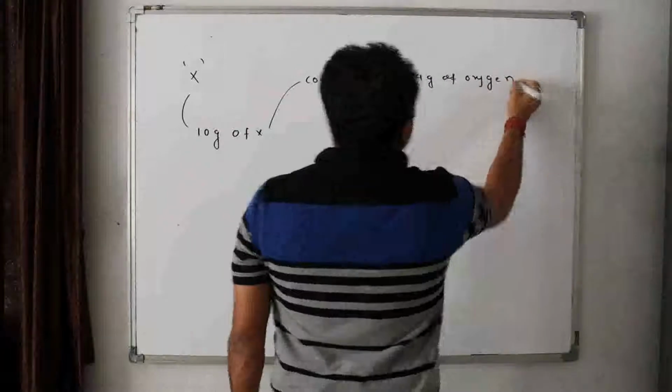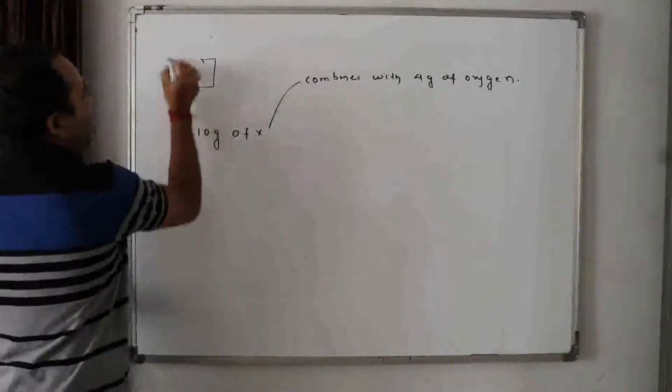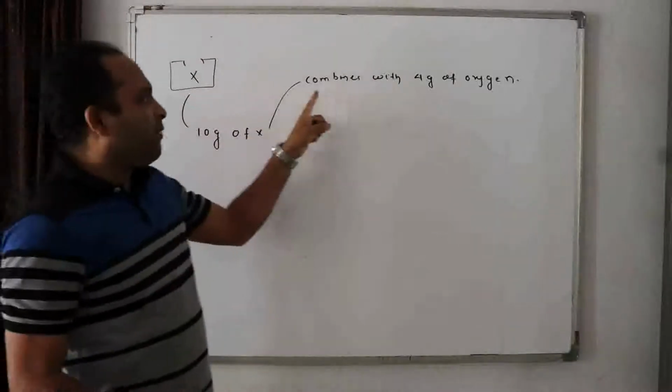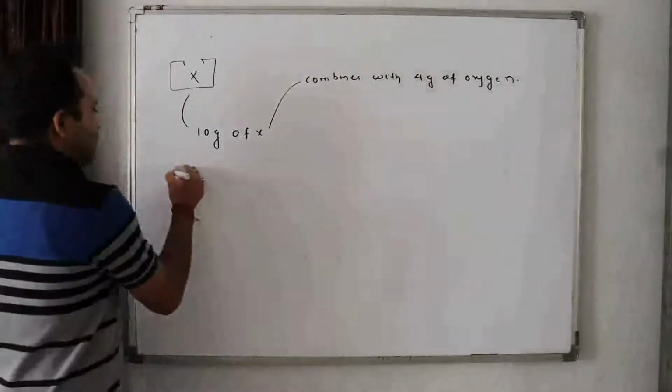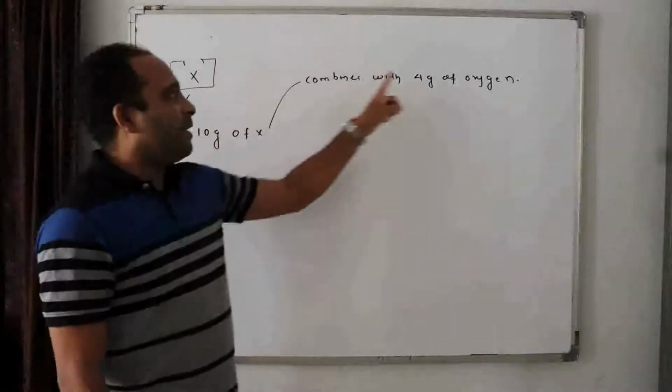So a substance is there, whose name is X, and 10 gram of X combines with 4 gram of oxygen. Now the question, what is the equivalent mass of X? See, 10 gram is combining with 4 gram.